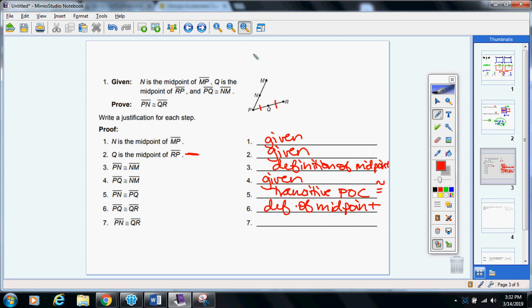And so, therefore, PN has to be congruent to QR by transitive property of congruency. And again, that's this whole thing here. If PN is congruent to PQ and PQ is congruent to QR, well then PN is QR. So you can see here, if I've got the PQs, I'm left with PN is equal to QR. So that's the transitive property of congruency.